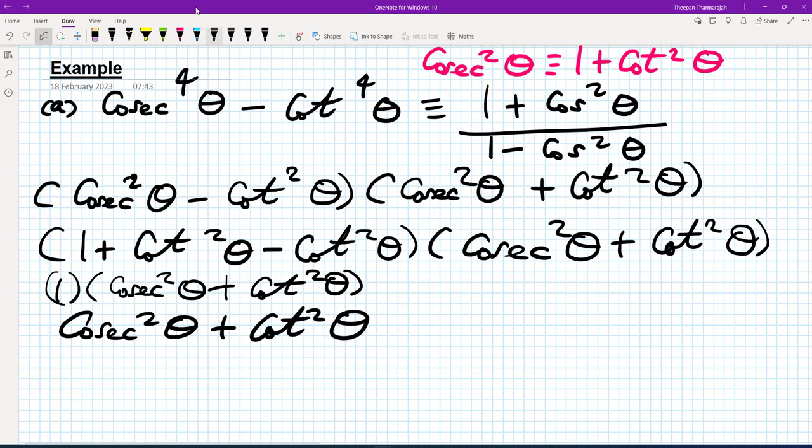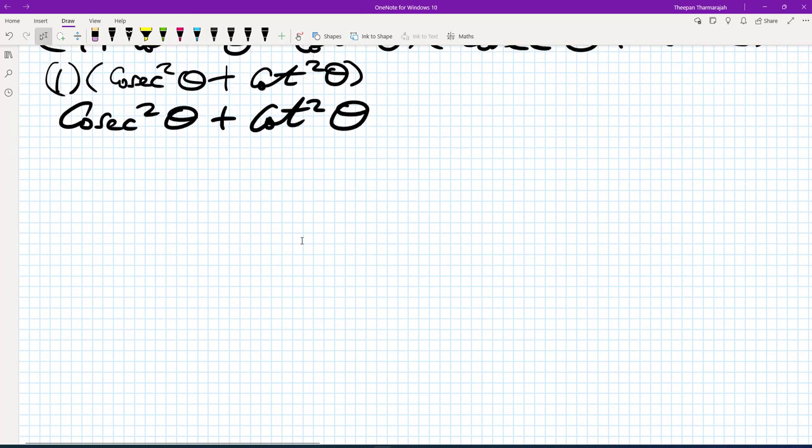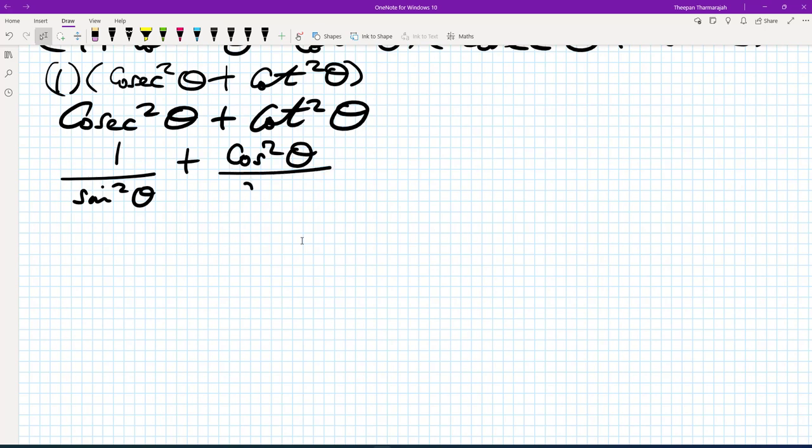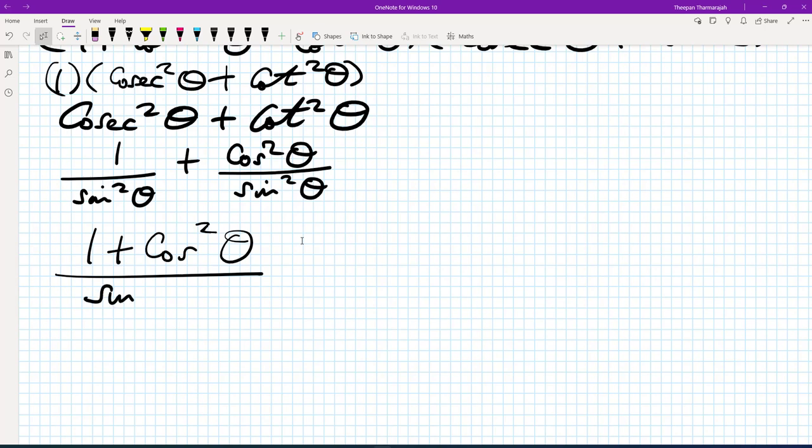So we can write that as 1 over sine squared theta plus cos squared theta over sine squared theta, which is 1 plus cos squared theta over sine squared theta.